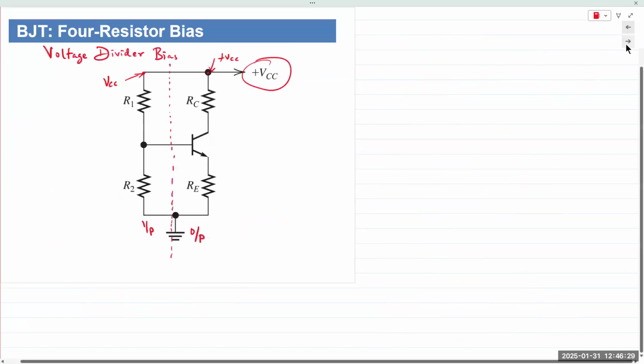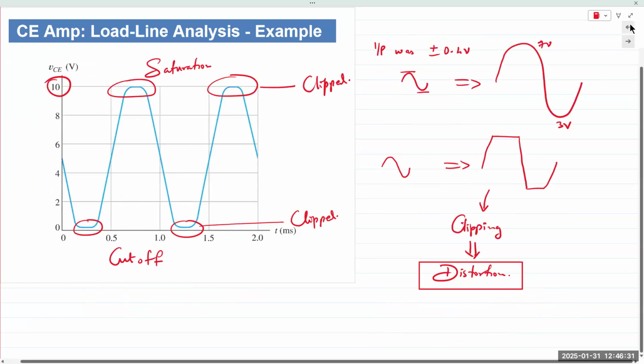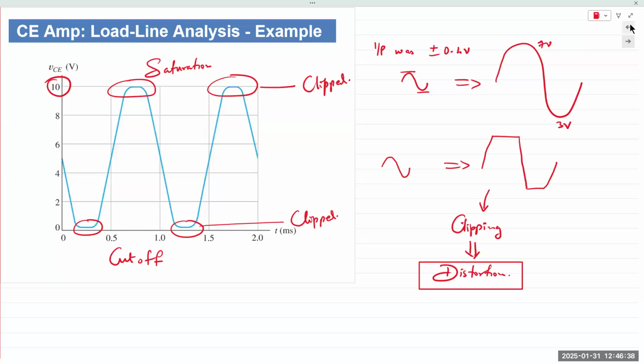So 180 degrees out of phase is, I typically bring this example up in my 201 classes. There are other amplifier circuits that are designed specifically not to provide gain, but just to flip the signal 180 degrees.